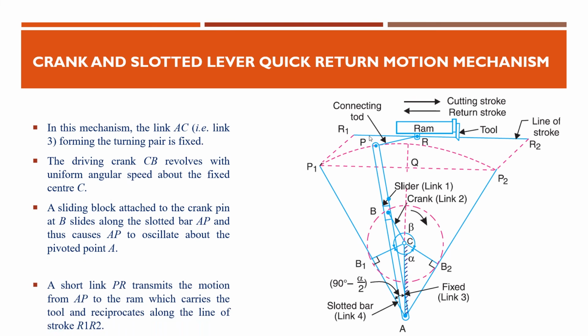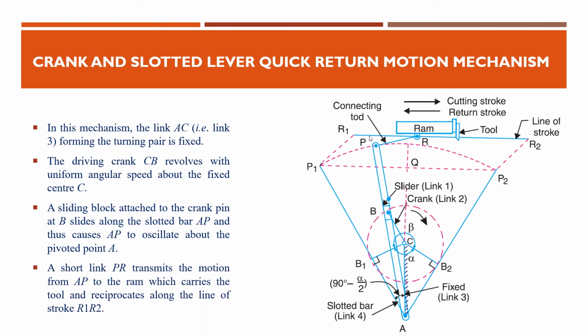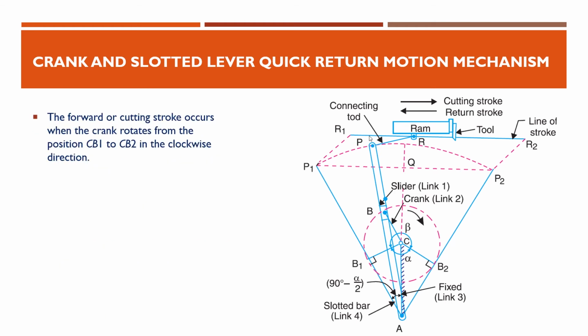So these details I have explained here. AC forms the turning pair and is fixed, that is the connecting rod is fixed, the crank revolves, the slotted bar oscillates, and it is transferred to the ram. And one thing you need to notice is that during the forward stroke or the cutting stroke, it is rotating in the clockwise direction.